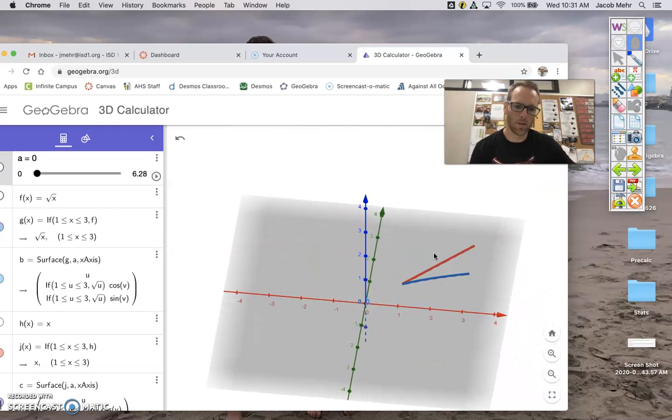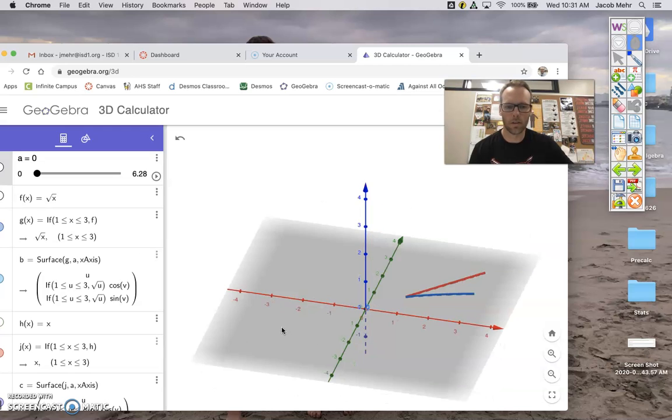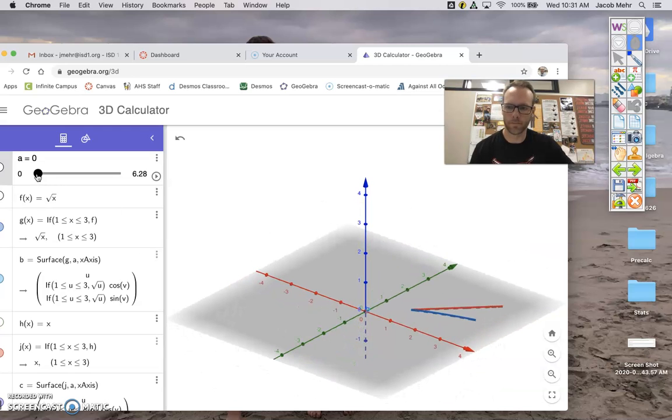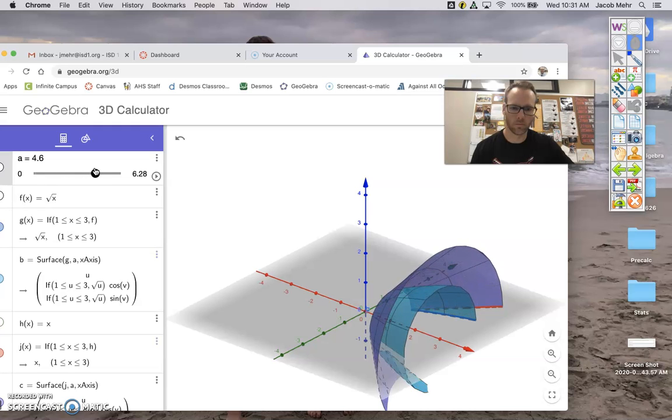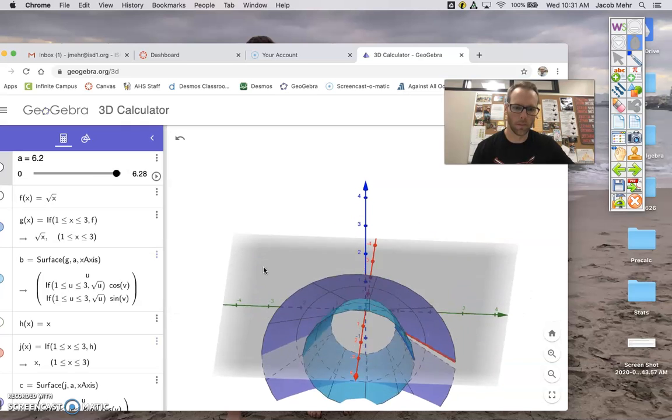All right? So what's it going to look like when we take that region bounded in there and we rotate it around the x-axis? Well, let's take a look. There we go.